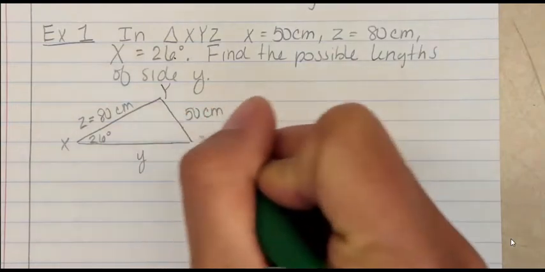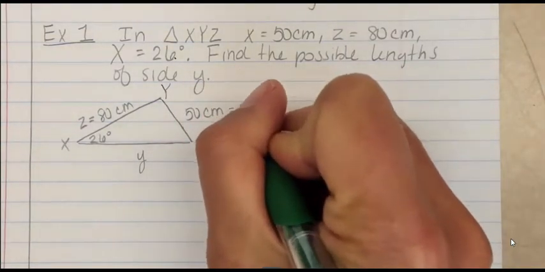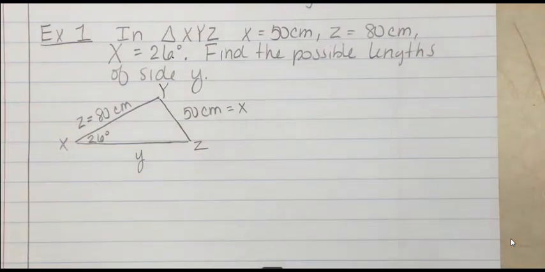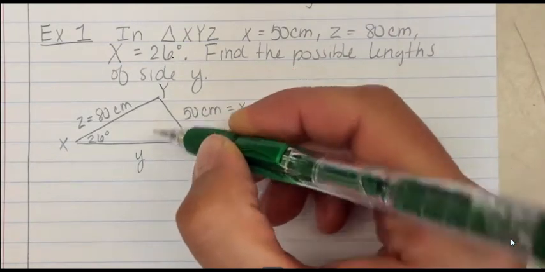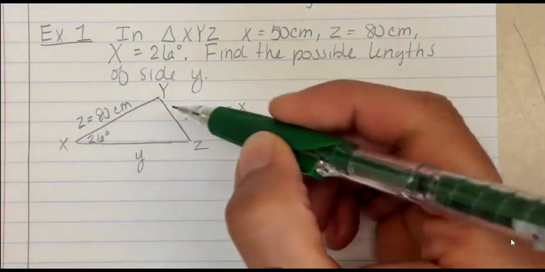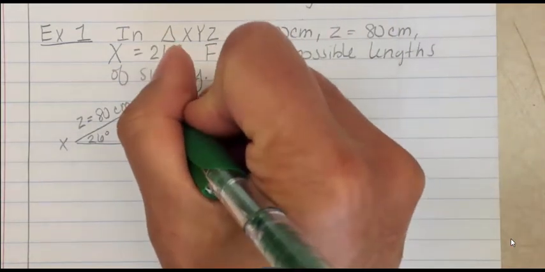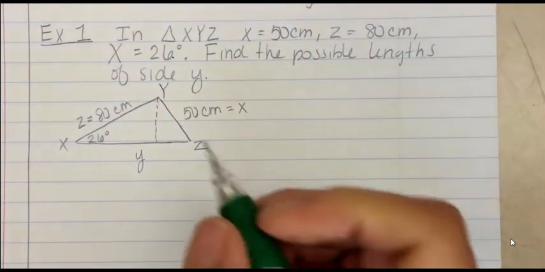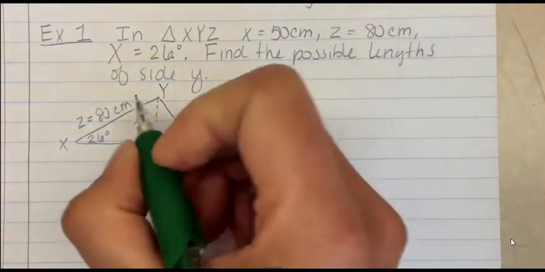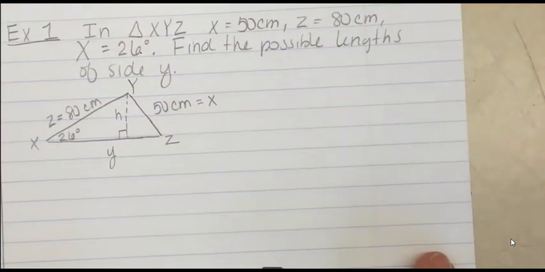This will be side Y. This will be angle Z. And this is side X. First thing I do is I say, all right, let me see what the shortest possible distance is for this third leg. I'll say this is my longest leg. Let me figure out, is 50 even a long enough leg? So my shortest possible distance from Y down to side Y would be the perpendicular, or the height. I'll call that H. Now I can figure out what H is.